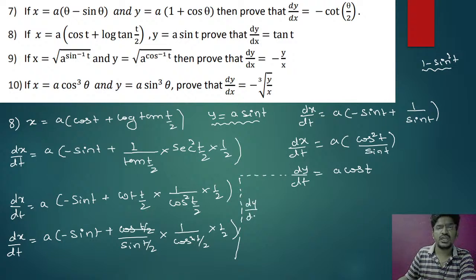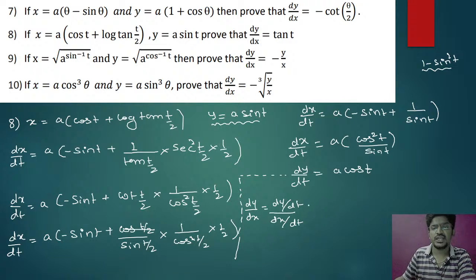Dy by dx will be equal to dy by dt divided by dx by dt. So what is dy by dt divided by dx by dt? A cos t divided by a cos square t divided by sin t.